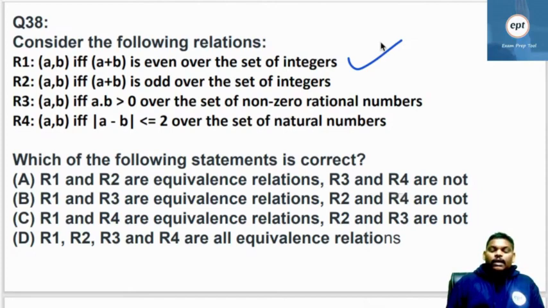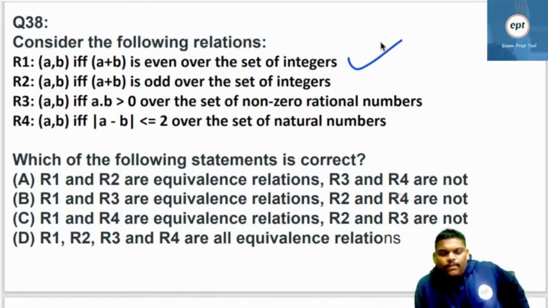Next one, A comma B related if and only if A into B is greater than 0. A comma B is related if and only if A minus B is less than or equal to 2. So, what is the answer you are thinking?